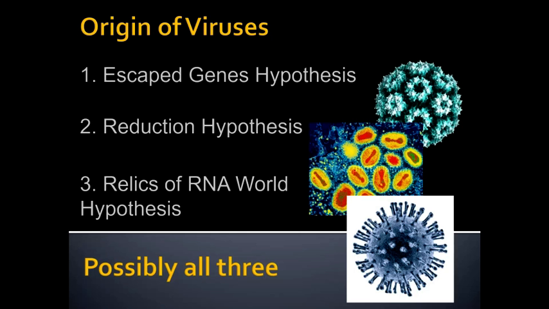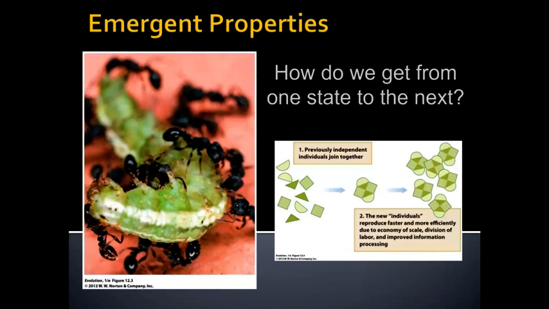Anyway, a huge variety. And so some of those may have evolved by hypothesis number 1, and others might have evolved by 2, others may have even evolved by 3. So it could be all 3 or 2 of the above, but we still don't have any clear evidence. So just be aware of those 3 hypotheses and know that it's possible that different viruses may have arisen by different avenues.